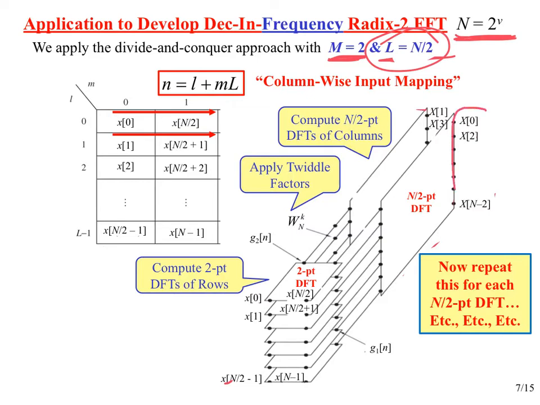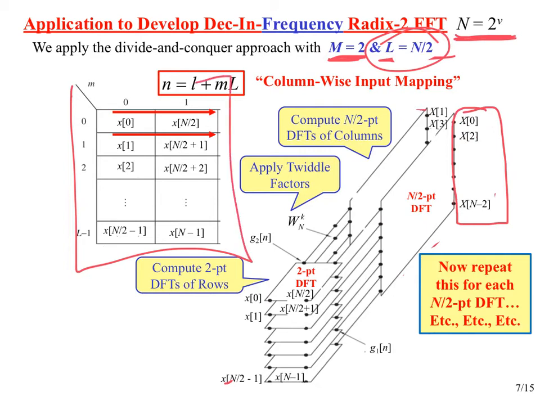So we would take these and we would re-index those using this scheme again. Take 2-point DFTs across the rows of that re-indexed array, and then apply twiddle factors and take n over 4 point DFTs now down the columns of that, and so on and so on and so on.